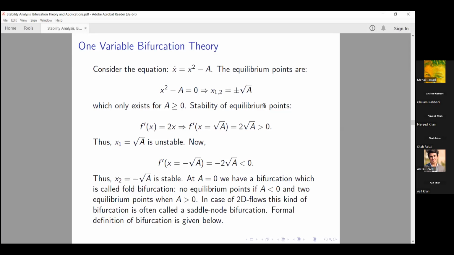So yes, they only exist for a greater than or equal to 0. For the stability of equilibrium points, as we've seen earlier, you have to derive f prime of x. So f prime of x here is just 2x.